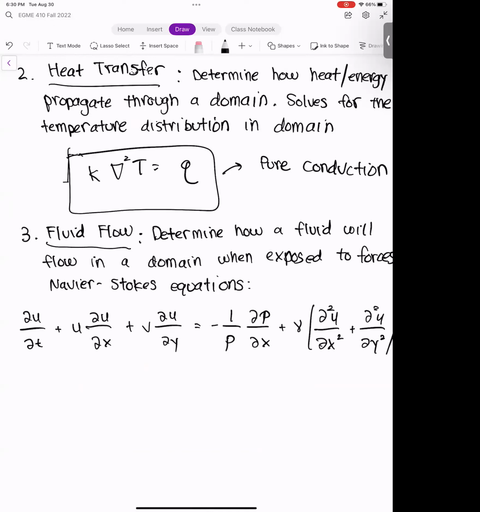Okay, and one other thing to keep in mind is that you're not just limited to one type of physics. A lot of very practical engineering phenomena have multiple kinds of physics involved. And so in ANSYS, you can actually combine different physics types to solve a very complicated situation. Whenever you do a situation like this, it's called a multi-physics simulation.